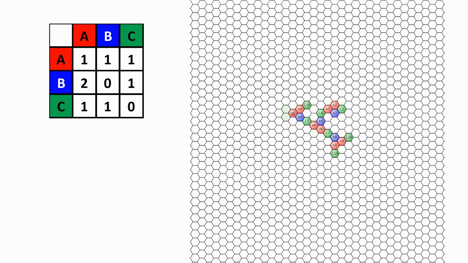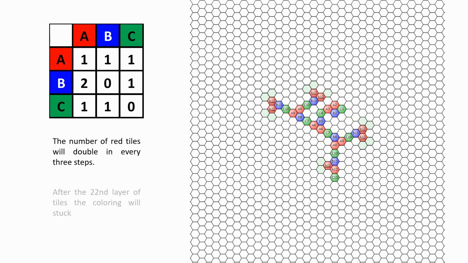But the number of available new tiles does not double every 3 steps, but increases linearly. In the example shown, after the 22nd step, coloring can no longer continue due to lack of empty tiles.